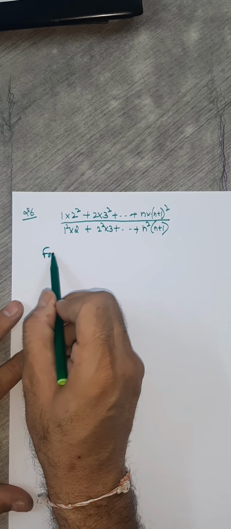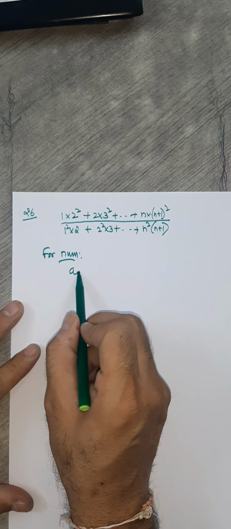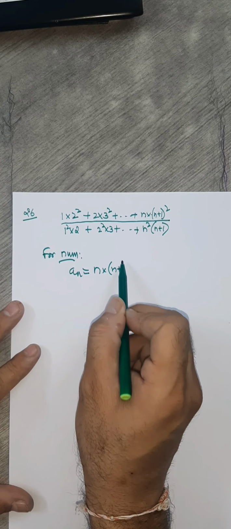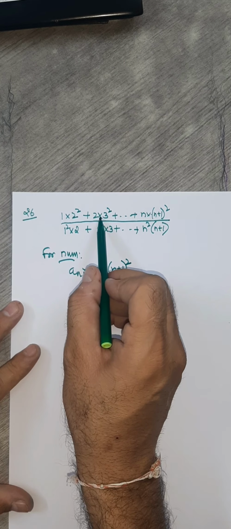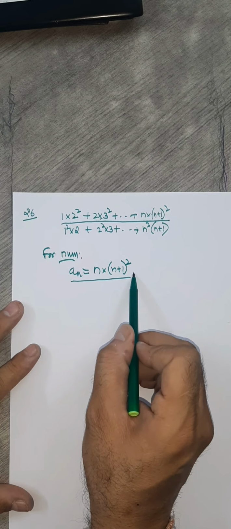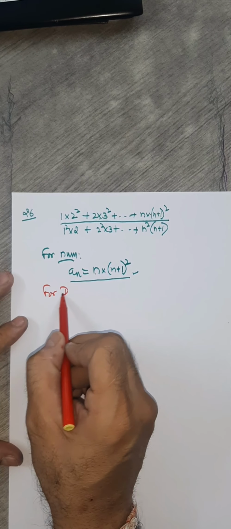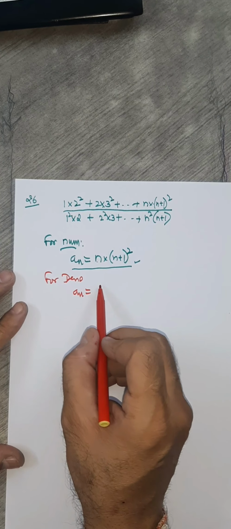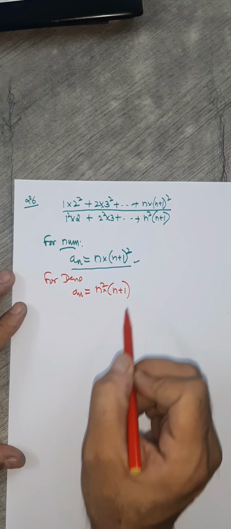For the numerator, the nth term is this, which one? You are already given n into (n plus 1) whole square. Nothing you have to think. Put n equals 1, you will get this. Put n equals 2, you will get this. So this is for the numerator. And for the denominator, what is the nth term? That's already there, which is n square into (n plus 1).